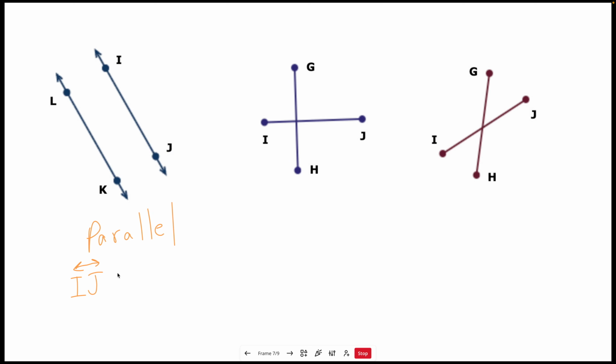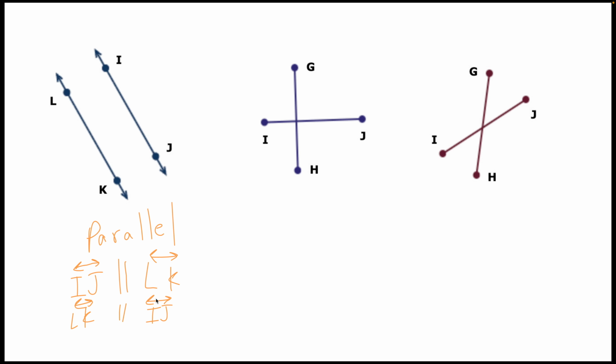Line IJ is parallel, this symbol right here, the two lines, means parallel, to line LK. And of course, you could reverse that, right? LK is parallel to IJ. Either one is technically correct. Usually you would go in alphabetical order, but either one is correct.